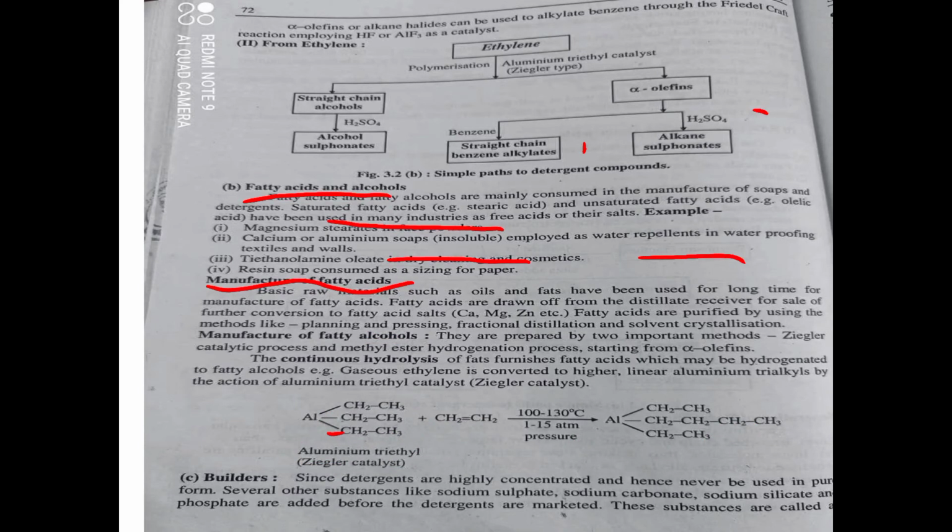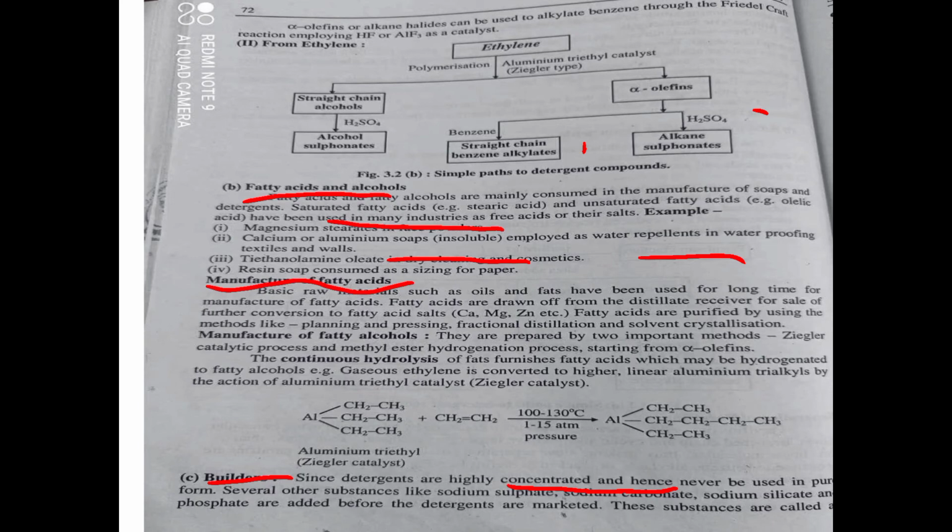So third one, builders. Detergents are highly concentrated and hence never used in pure form. Okay, builders: detergents are highly concentrated, so they are not used in the pure form.